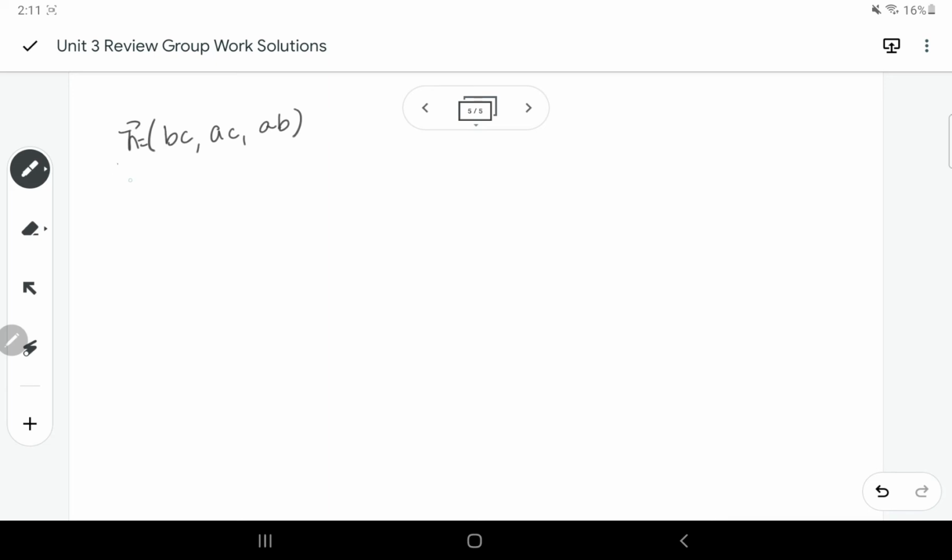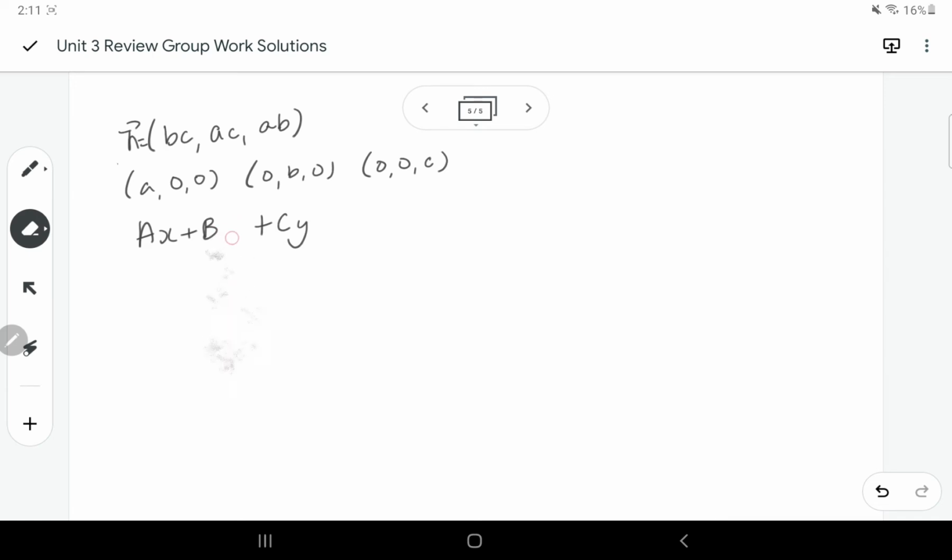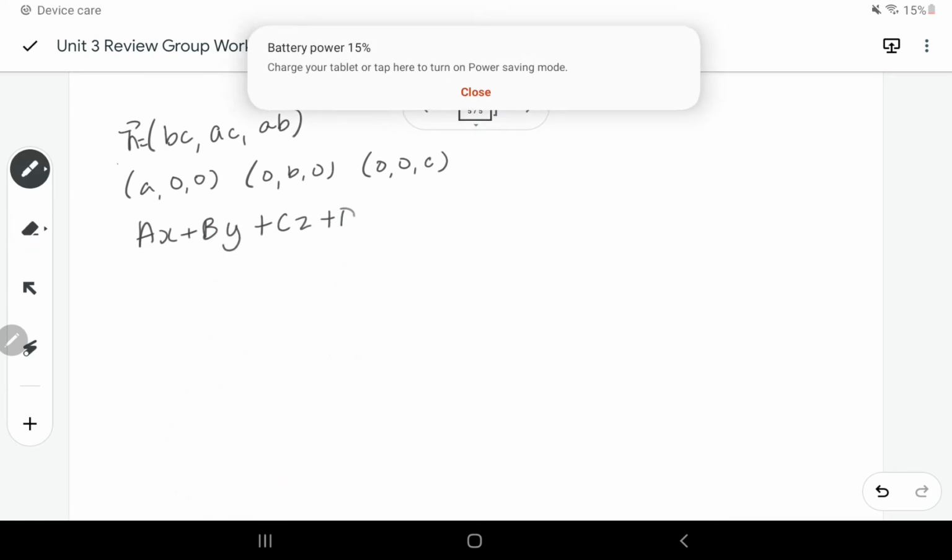And I know that I have points A, 0, 0, 0, B, 0, and 0, 0, C. So I'm going to figure out the Cartesian equation of this plane.